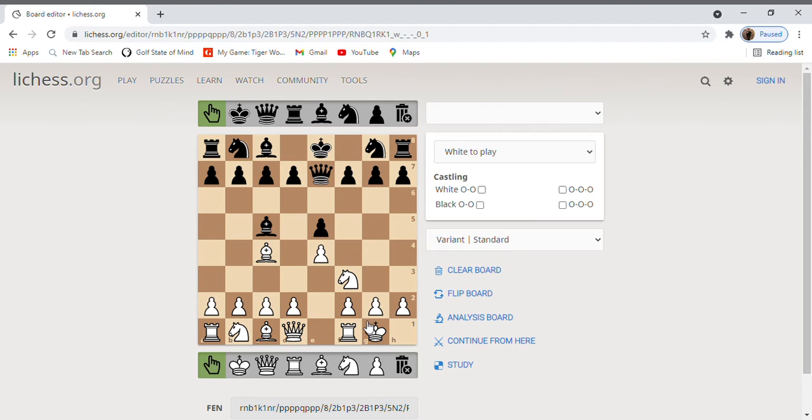So when it's castled short ways, it would be 0-0. That represents castling. Let's just say the pieces are already out. I'm just gonna play regular moves.